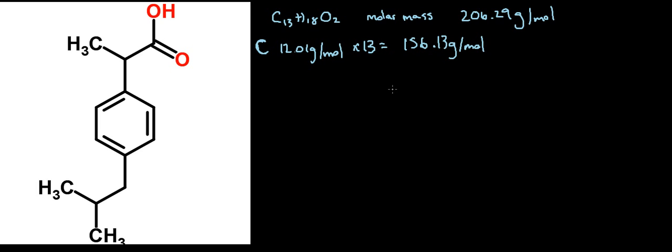Now I want to find the percent composition of carbon now that I know the total grams per mole of carbon in this compound. Now I divide the amount of carbon by the mass of the total substance. Let's do it down here.